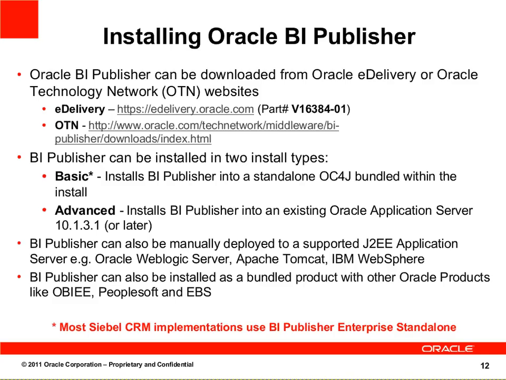That's what I have written here. BI Publisher can also be manually deployed to a supported J2EE application server. That's also getting common, because OC4J is a good way to implement this, but it's not scalable and cannot take much of a user load. So you would then deploy this to an application server.